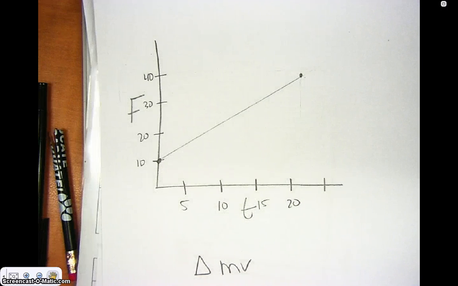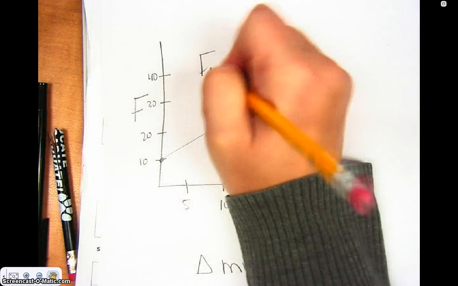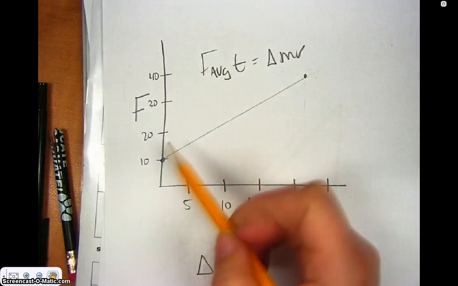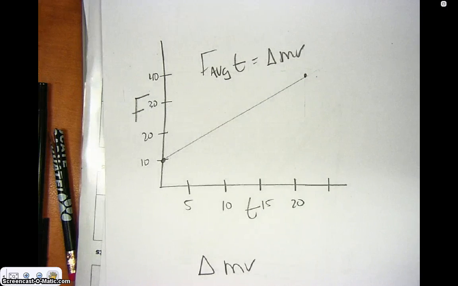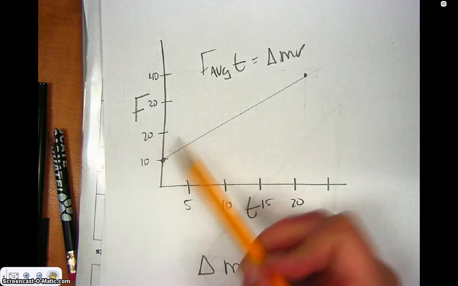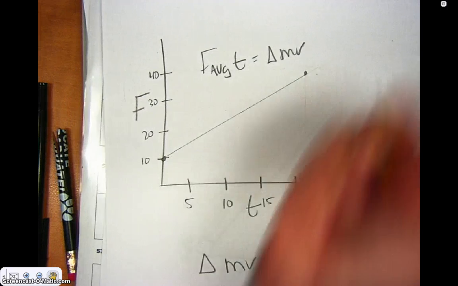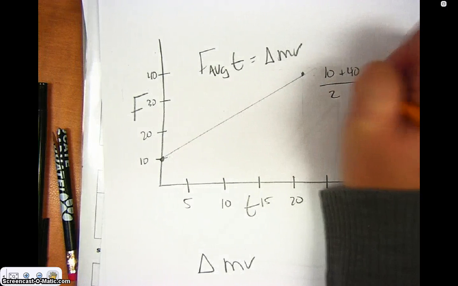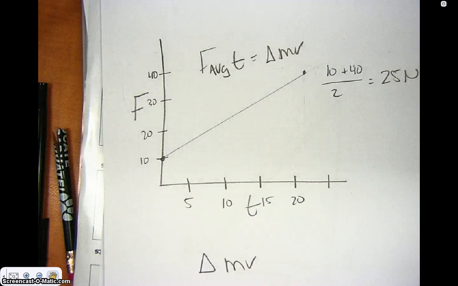Well, what we would do is take the average force times time to get the change in momentum. Because this is linear, it's a constant change, so we can take the average just by taking 10 plus 40 and dividing by 2. So 10 plus 40 divided by 2 gives 25 newtons as the average force being exerted over the time period.